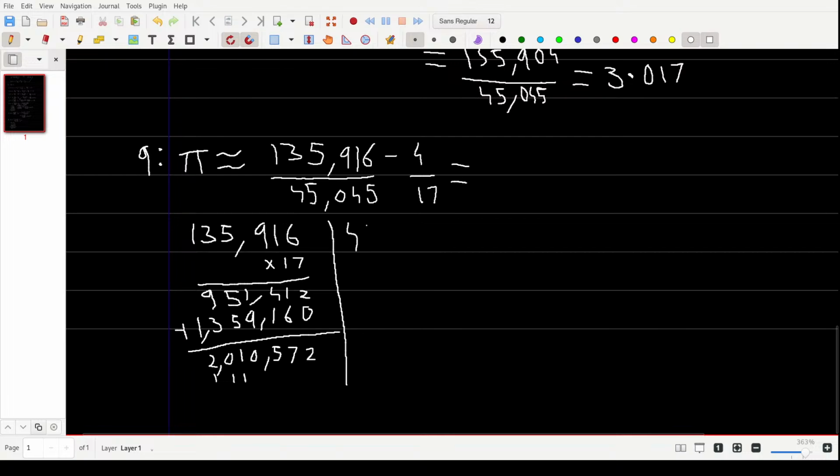So 45. 0, 4, 5 times 17. Multiply it. We do that. So this is 5, you carry the 3, this is 28, that's 8, you carry the 3, so it's 11.